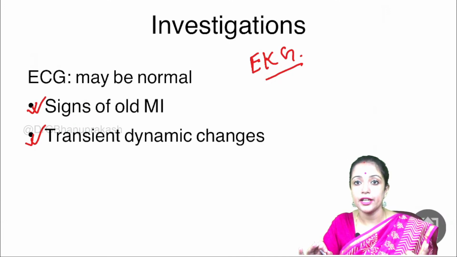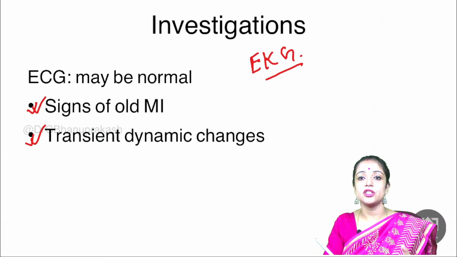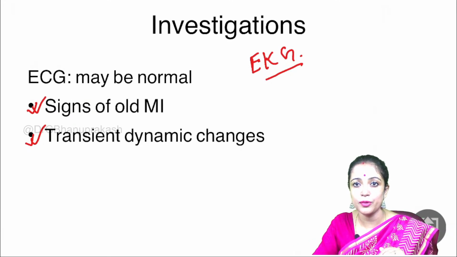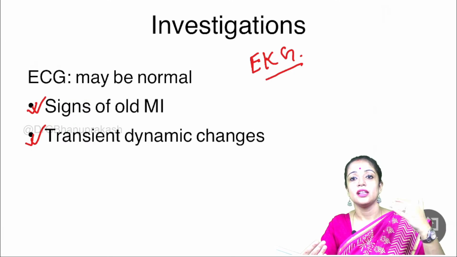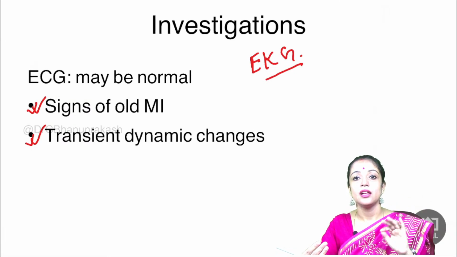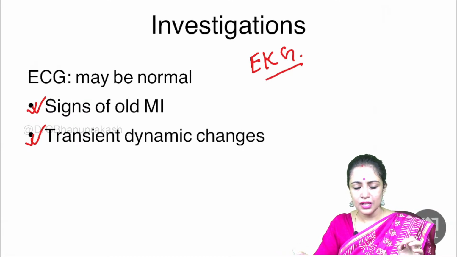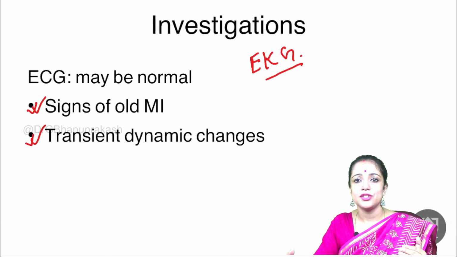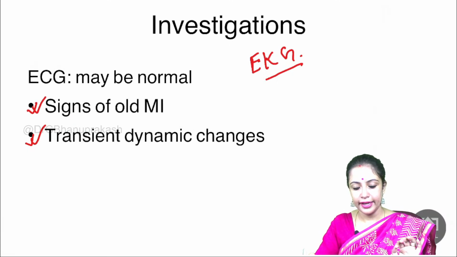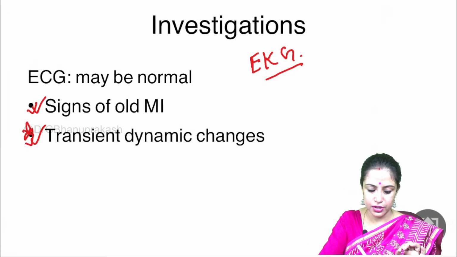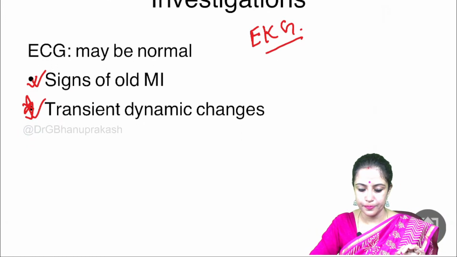And that is kind of diagnostic, because when the patient is having chest pain, you do an ECG, you find the changes in the ST-T segments, and as soon as the patient gets relieved of the chest pain, the changes subside. That is very, very important. Otherwise, in the ECG there may be signs of rhythm disturbances or LVH. So these are not very diagnostic. So this is important: transient dynamic change.